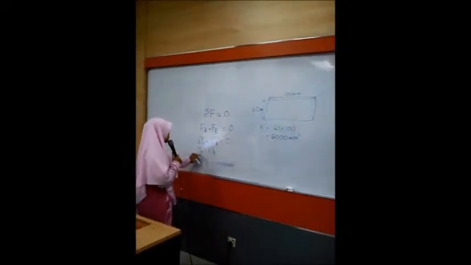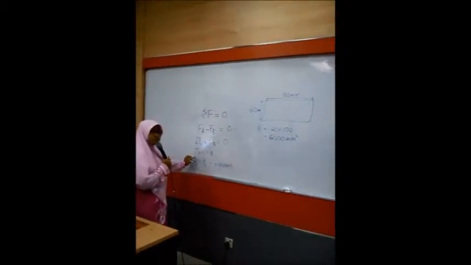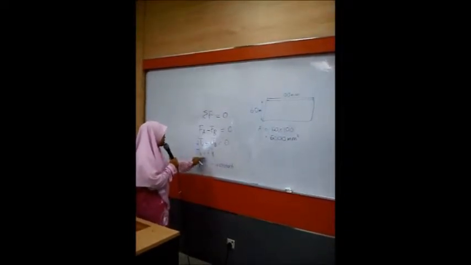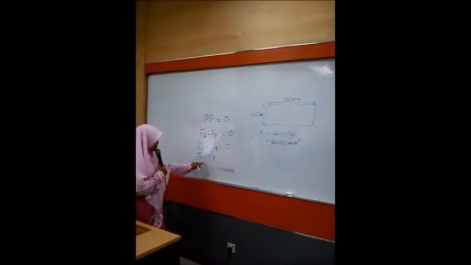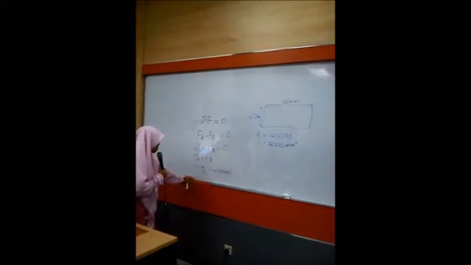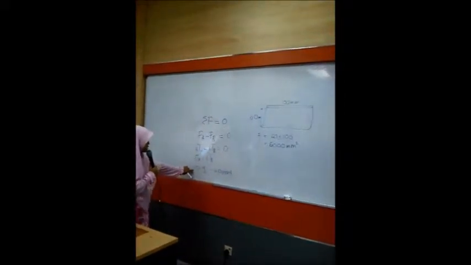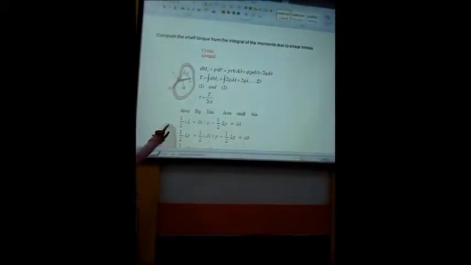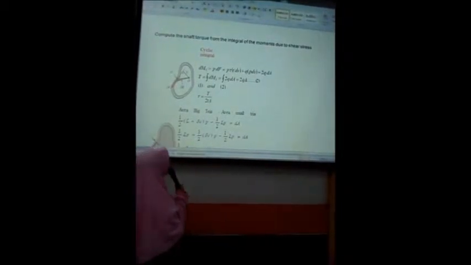So we get shear A times TA equal to TB shear B. So shear times T is equal to Q. Q is constant. And then we compute the shaft torque from the integral of the moment due to the shear stress.